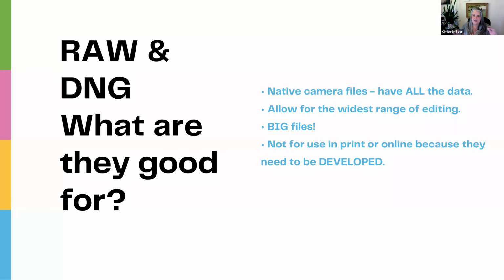This is the thing I want you to get about a RAW file. RAW files are not intended for use in and of themselves. You have to think of these as digital negatives. Remember back in the day when you had to take a picture on film? Hopefully everybody here is that old. You had to go to the processor, process the negative, and then print the image. There's a whole process in there.